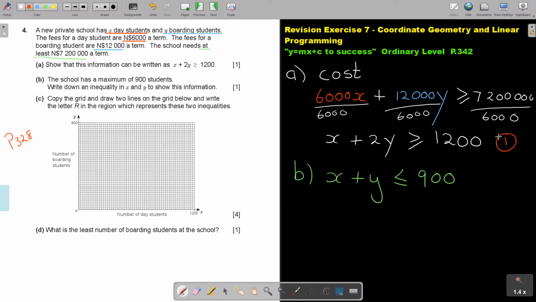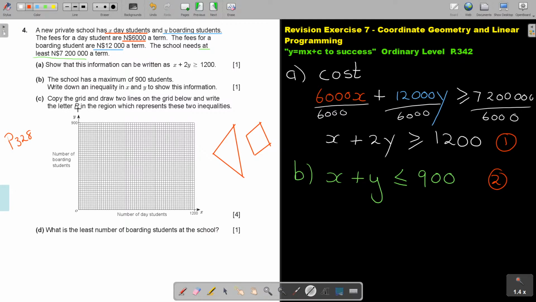So this is my first, this is my second. Can I just tell you, how many lines do you need to form a closed area? You need at least 3 lines. You can have 4 lines, but at least 3. So basically, I need another one.